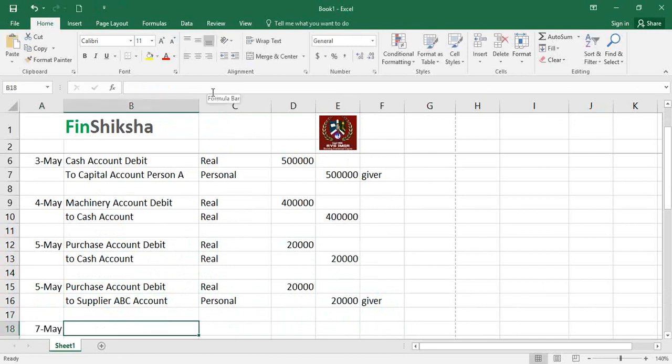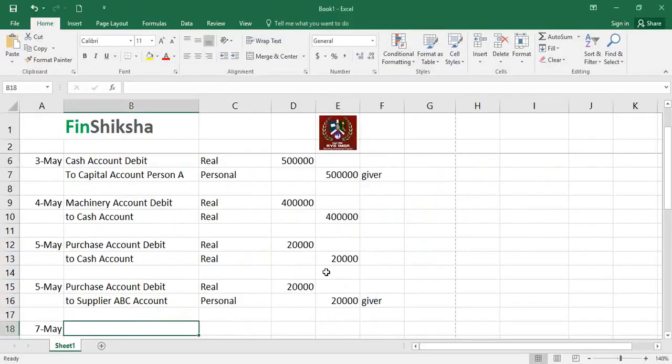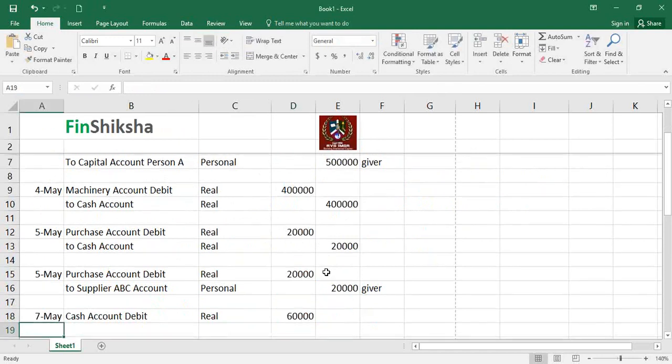7th of May, the next transaction happens, is sold goods worth 60,000 on cash, right? So you've basically sold whatever the client name is, you sold goods on cash. So 60,000. Now, when you sell goods for cash, cash account gets debit, real. Why? Because you receive 60,000.